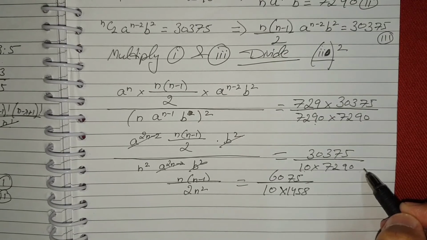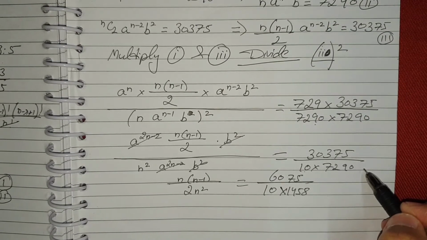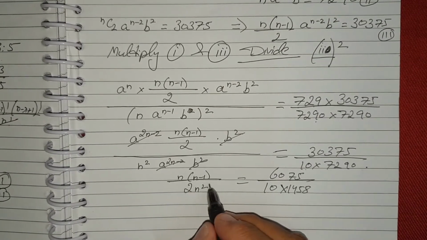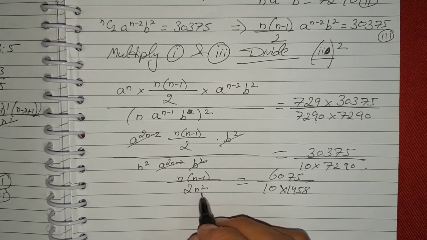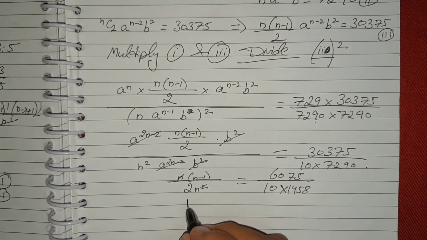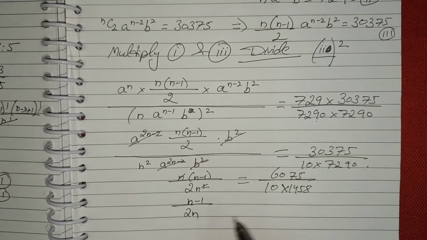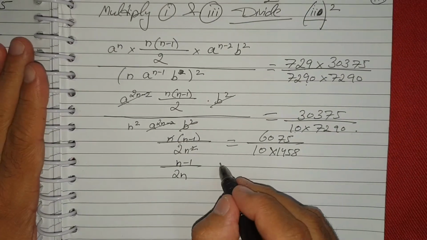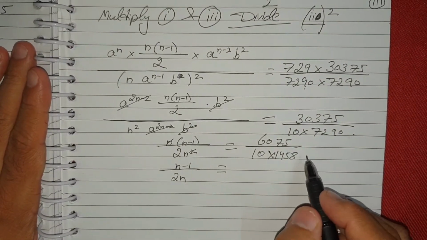Again this n will get cancelled. So this will be n minus 1 by 2n.